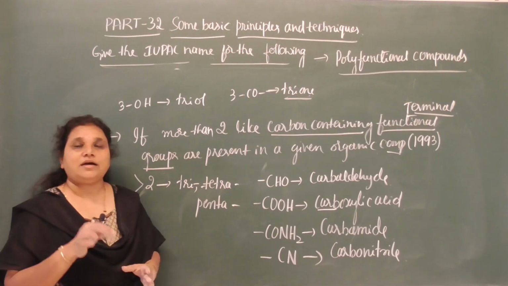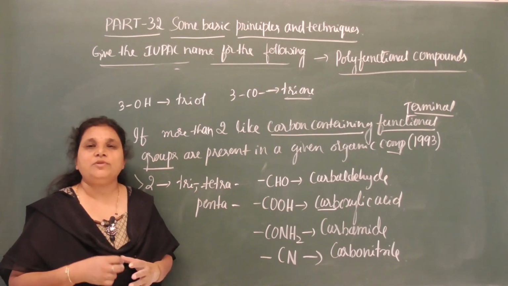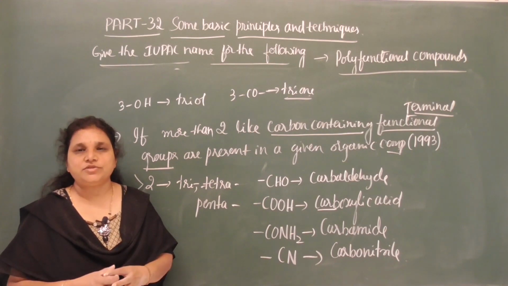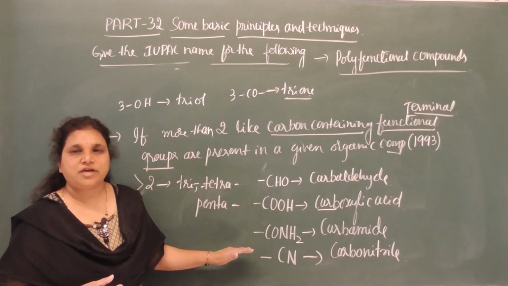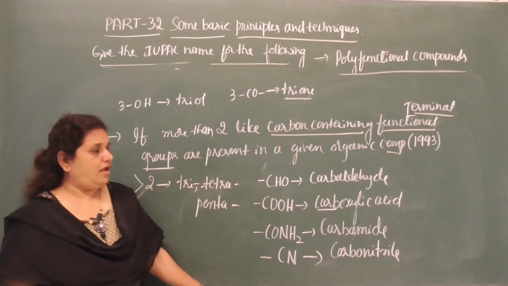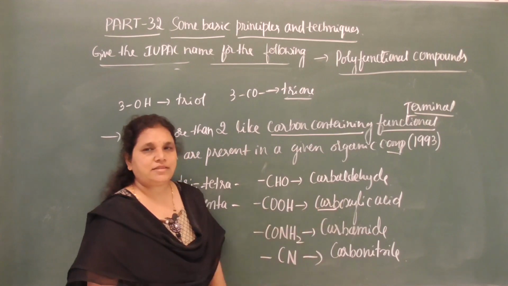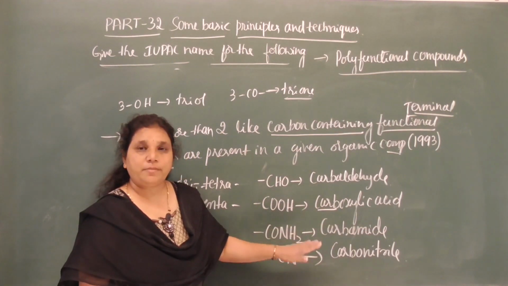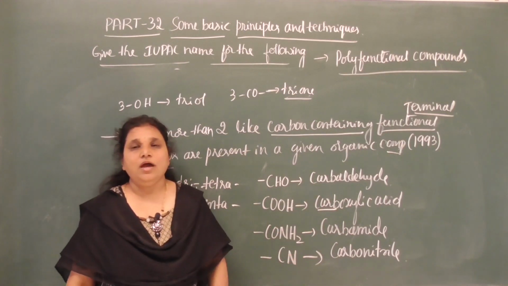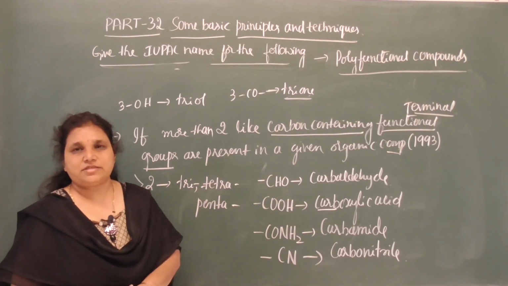We are not considering the carbon atoms of the functional groups for the root word, and we have to name those compounds as a derivative of the parent alkane when they are attached to the non-branched carbon chain of an alkane. And we have to use special suffixes for that: for aldehyde we use carbaldehyde, for COOH carboxylic acid, for CONH2 carbamide, for CN carbonitrile, and if there is an acid chloride, we use carbonyl chloride as the suffix.